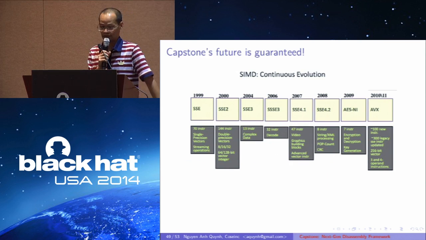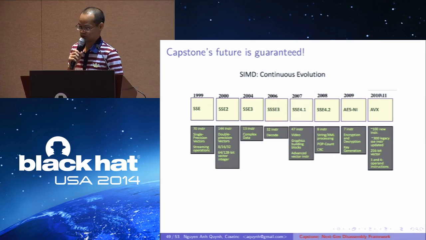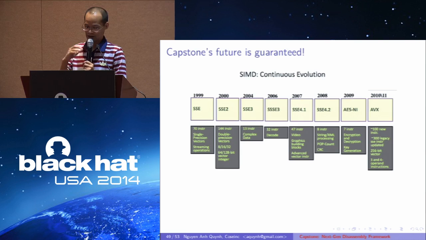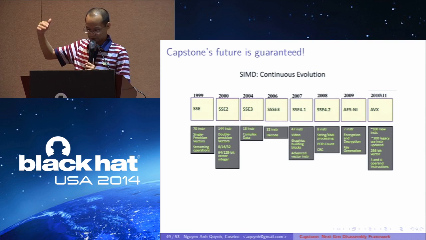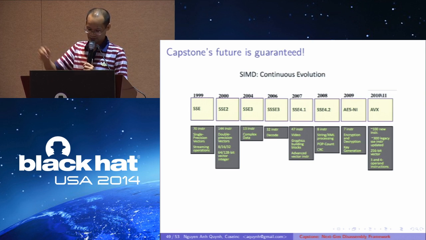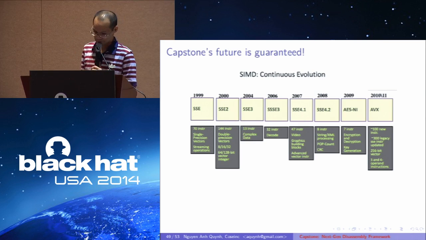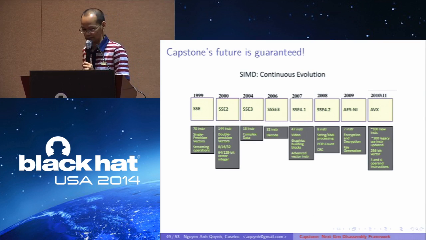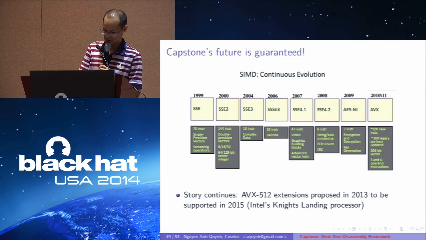One more slide. Capstone's future is guaranteed because we rely on LLVM, right? You can see that some architectures continuously update their instruction sets and add instructions very frequently. For example, here's the timeline of SIMD in Intel architectures.